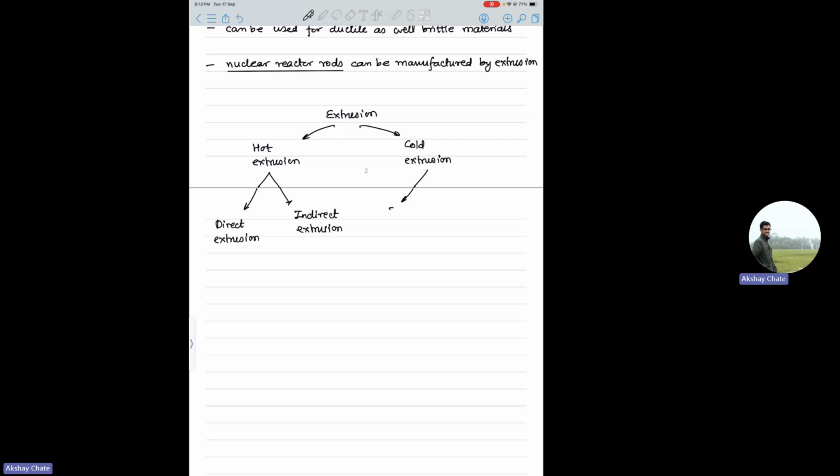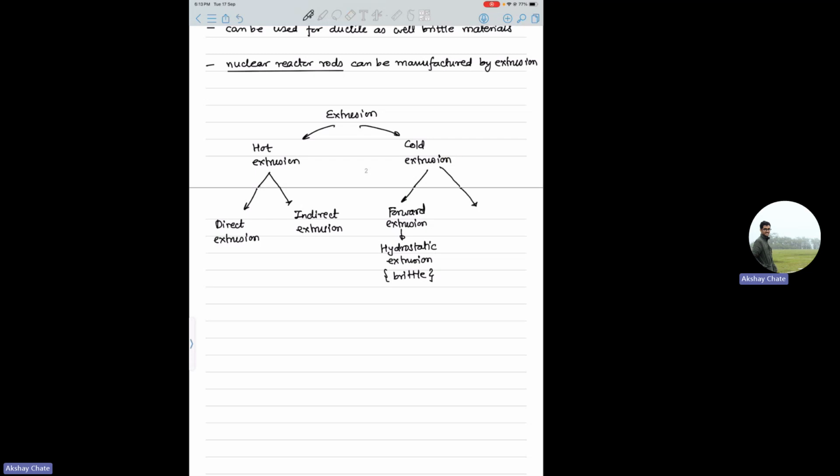So you have forward extrusion here, which is also called hydrostatic extrusion, and it is used for brittle materials. Because under hydrostatic conditions you only have compressive stresses, all of them equal in nature, so failure of brittle material is arrested in those cases.